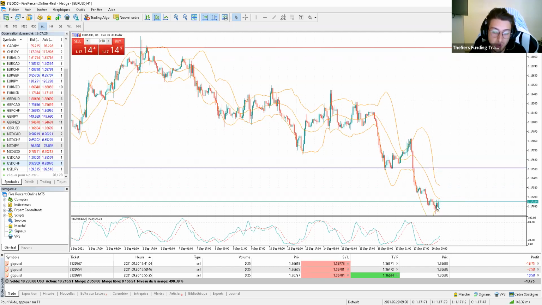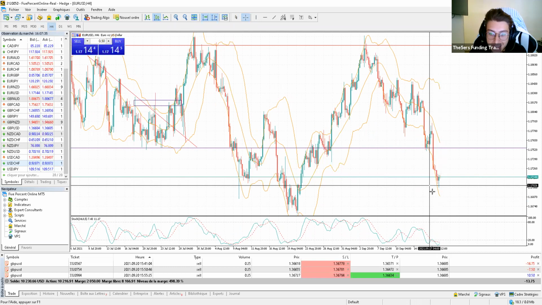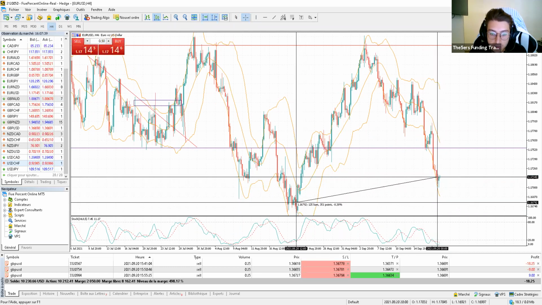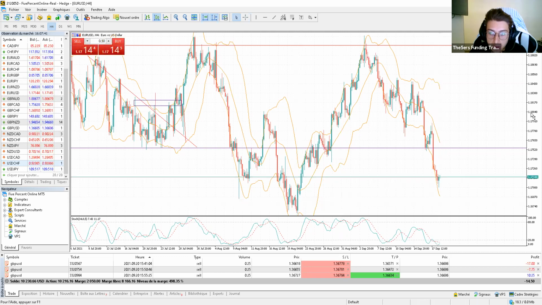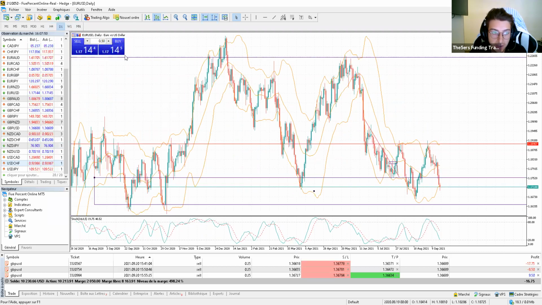So there is nothing to make here on the H1. Maybe here can be the beginning of a small retracement, but still there are like 40 pips down that the market can go. So actually in the dollar, nothing much, nothing to make.